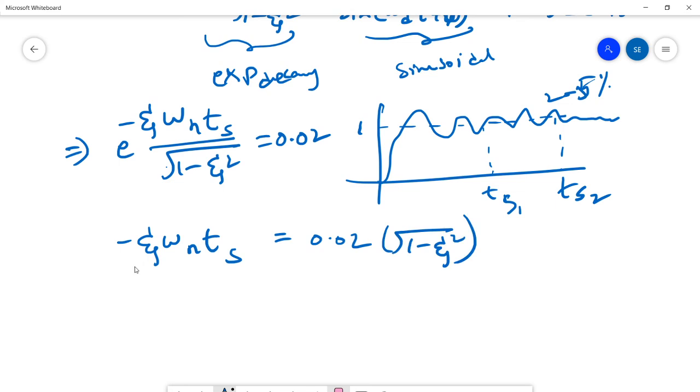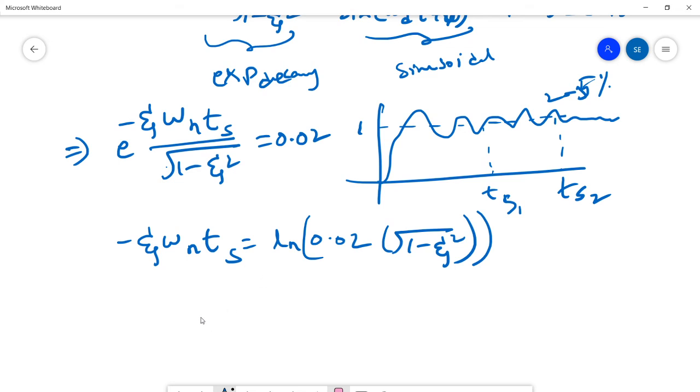I'll send the exponential term to the other side, where it will become a logarithm, log of 0.02, and the denominator term will go to the right side. So this is how it will come.